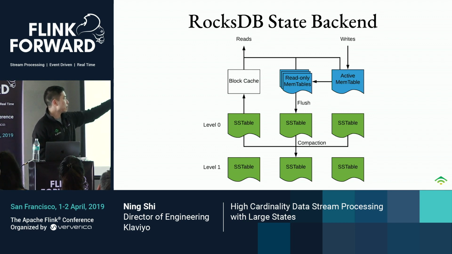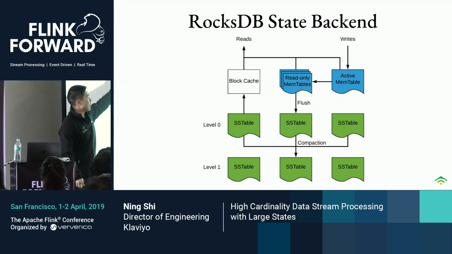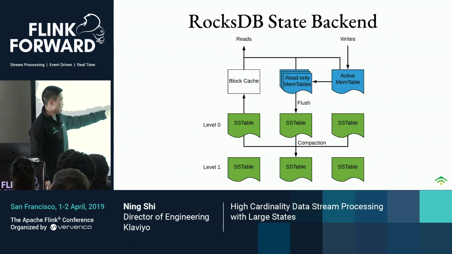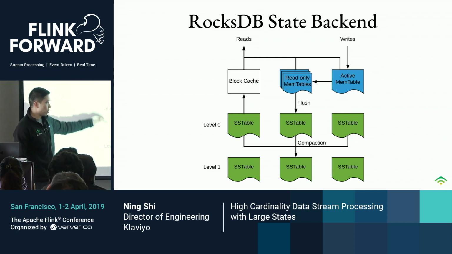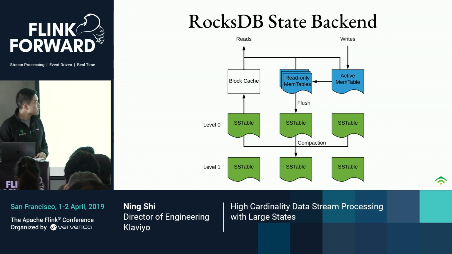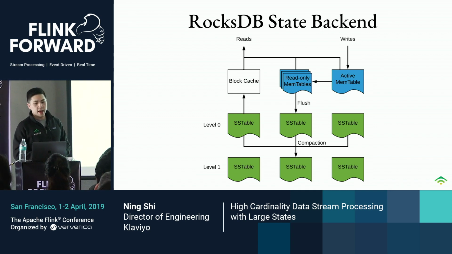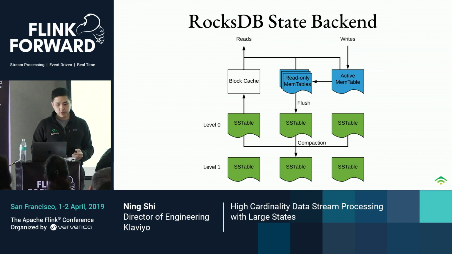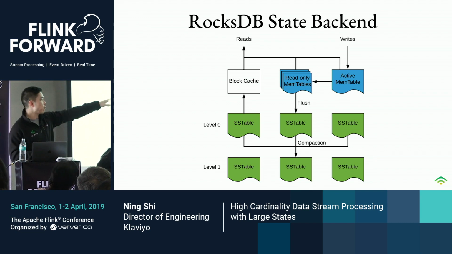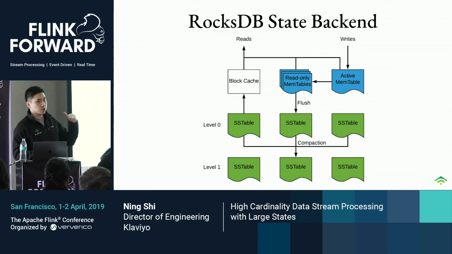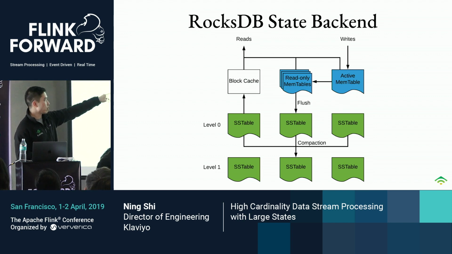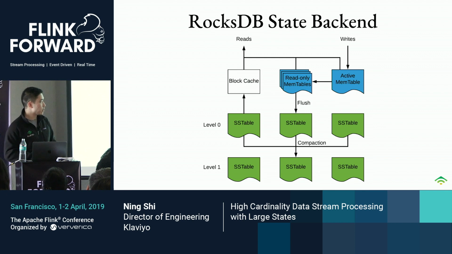When writes come in, as you can see, there are 3 levels. The top level is all in memory. The second and third levels or below are all on disk. So when the writes come in, they go to the active mem table. It just appends that write to the mem table. As that table fills up, once it reaches a certain size, it becomes a read-only mem table, and it gets moved over to the read-only mem tables part.